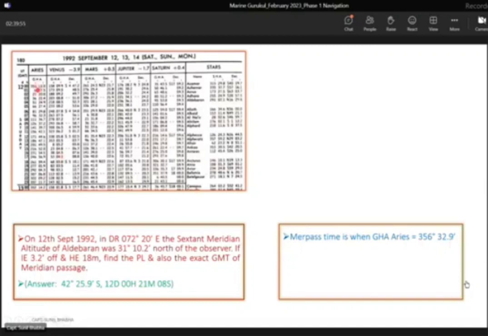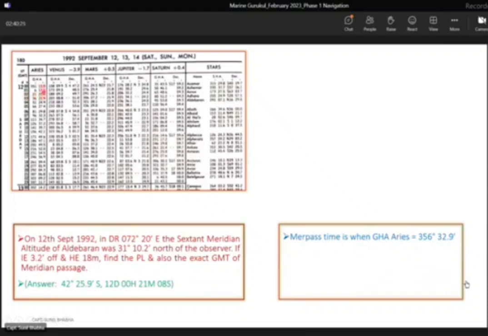If you have a look at the table, you will see that our required value of 356 32.9 comes after 12th day 00 hours. At 00 hours, the GHA Aries is 351 degrees 15.0, and at 01 hours it is 006 degrees 17.3 minutes.